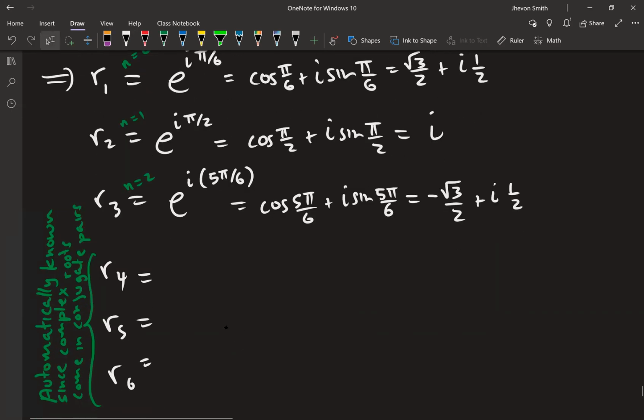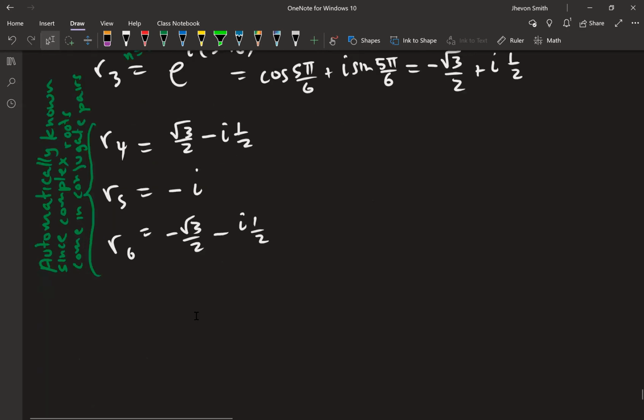So my R4 is radical 3 over 2 minus i over 2. The other one is going to be minus radical 3 over 2 plus or minus i times 1 over 2. So that gives me all the 6 roots.